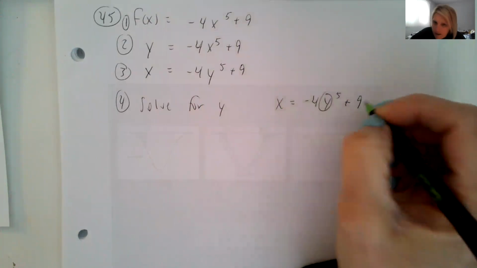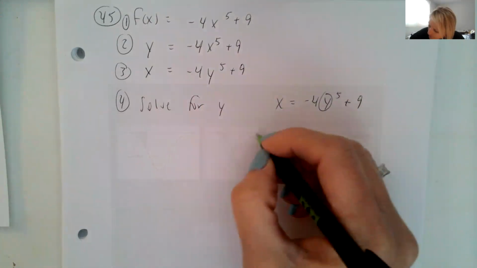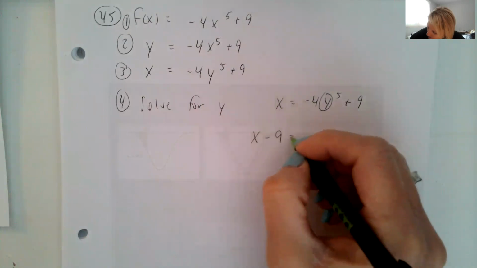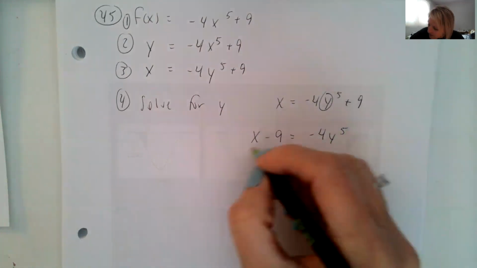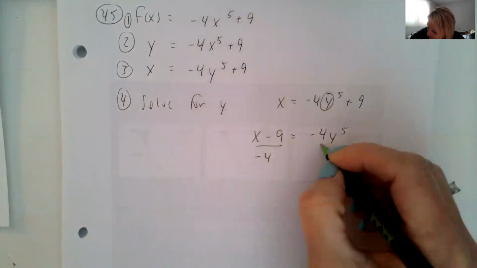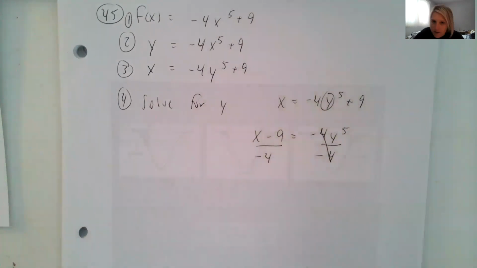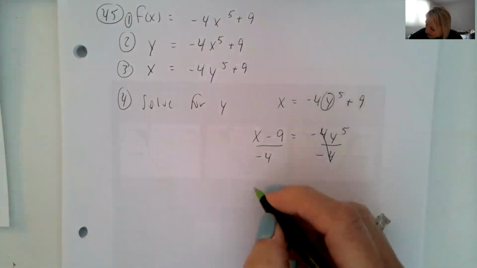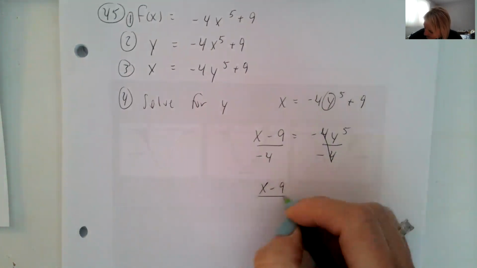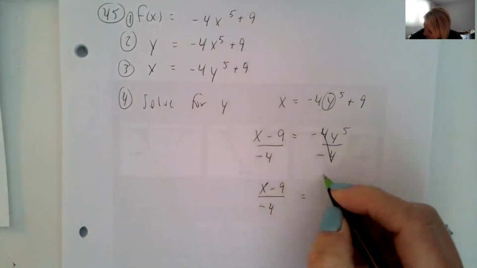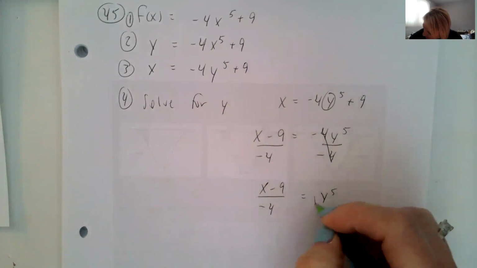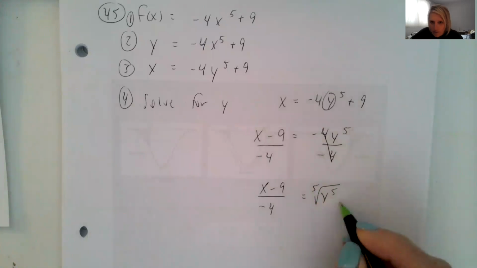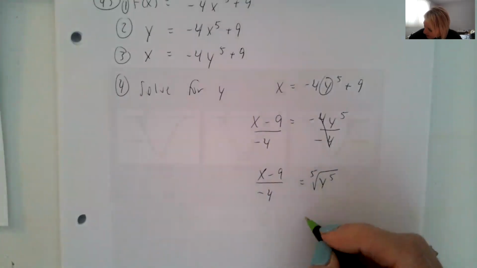I'm circling y. So I'm going to subtract 9 from both sides. And then I'm going to divide by negative 4. And then I'm going to take the 5th root, because the 5th root of y to the 5 leaves me with y.